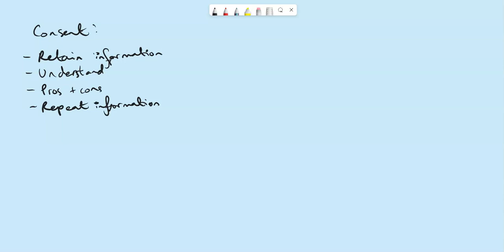But obviously, in case of repeating information, we need to think about whether it's a physical problem or if it's a cognitive problem. So there's people who've had a stroke and they may not be able to vocalize the information. So there's different ways of assessing capacity.